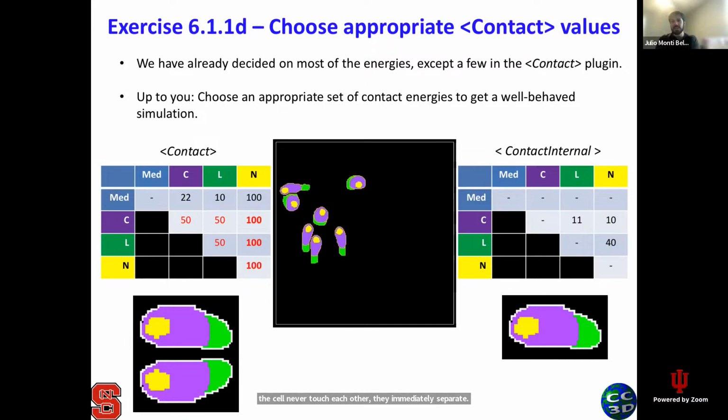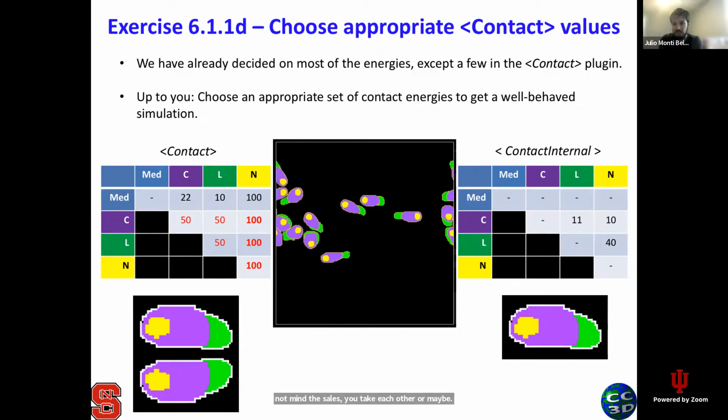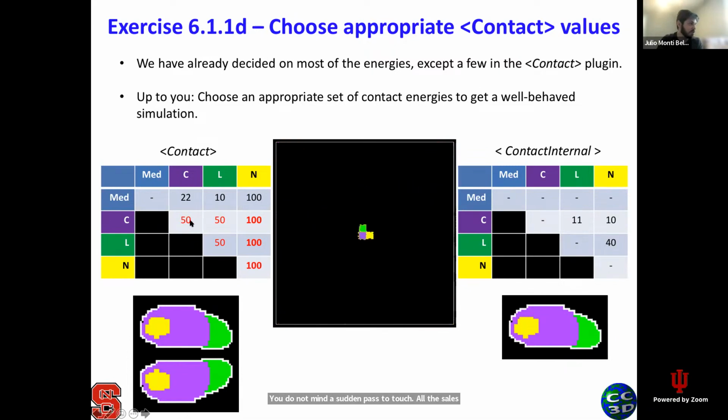But if you do not mind the cells actually touching each other, or maybe you do not mind the cytoplasm touching other cells, you can make this, let's say, 22, right? Then the cells will actually touch the cytoplasm with one another. Okay.